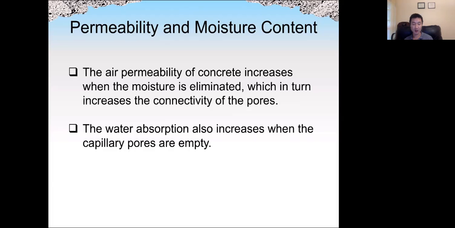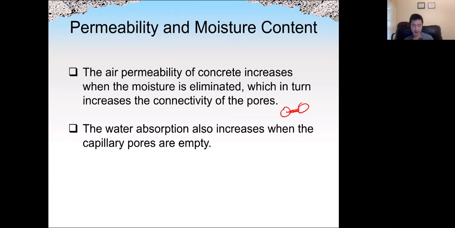When you oven dry the concrete, the pores will be dried out, so it will be easier for air to penetrate the concrete. This will in turn also increase the connectivity of the pores, because the channels between the pores will open up when we dry the moisture from the pores.